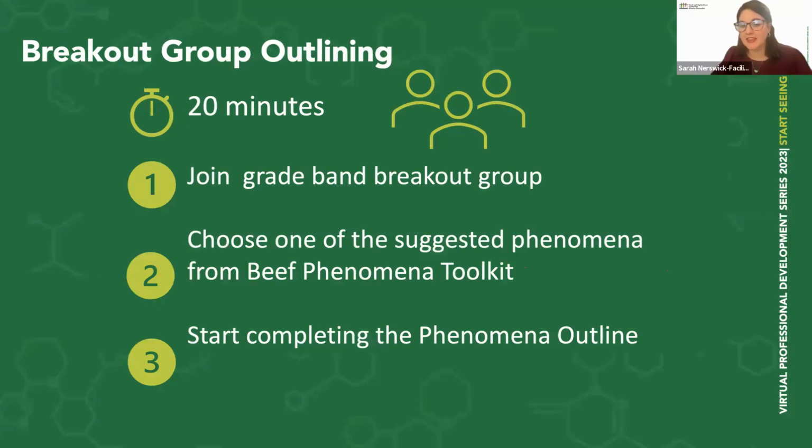On your screen, unlike last time, you have to choose the breakout room that you want to go to. You have options to go into the K-2 room, 3-5, 6-8, 9-12, or if you're an administrator or curriculum developer, there's a room for you as well. I know somebody's in professional development here. You'll just go onto the pop-up screen and click join.